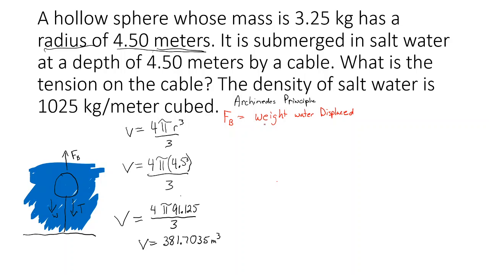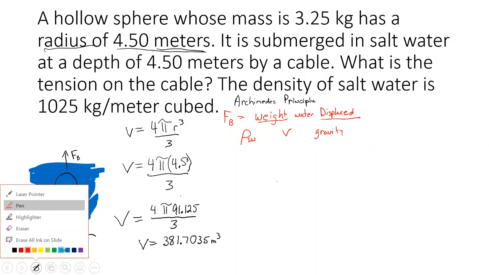Okay, so what I want to calculate is the weight displaced. So I'm going to start with the density of water, and this is salt water, and I'm also going to apply the volume, and I'm going to apply gravity to my unit analysis. So let's begin looking at how we're going to do this.